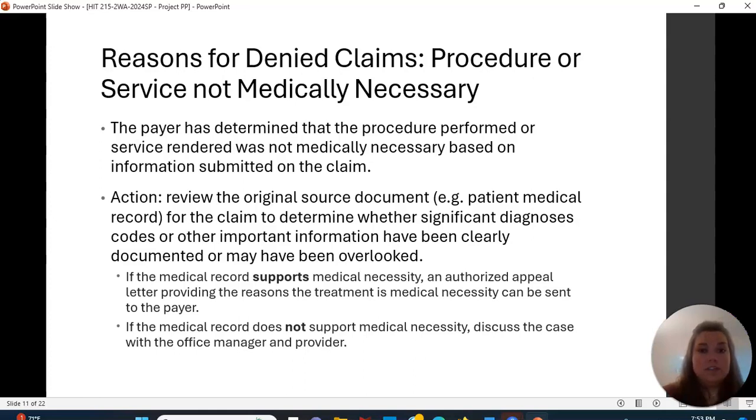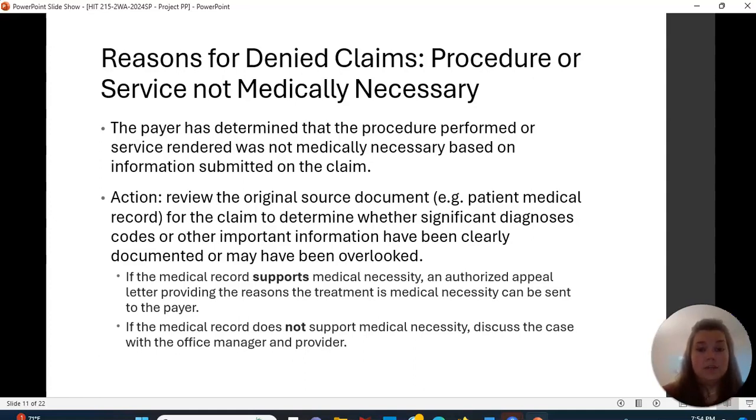So if we get this back on the remittance advice, our action plan is to review the original source document. So go back to the patient medical record and determine whether significant diagnosis codes or other important information have been clearly documented or overlooked.